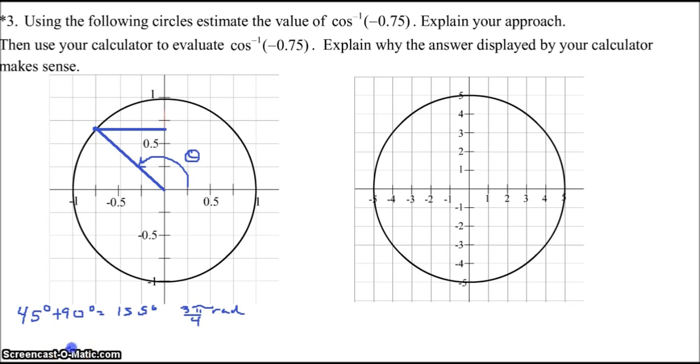If we use the calculator, inverse cosine of negative 0.75, okay, this one comes out to be 2.41886, which is pretty close to what we had found, which was 2.35619.